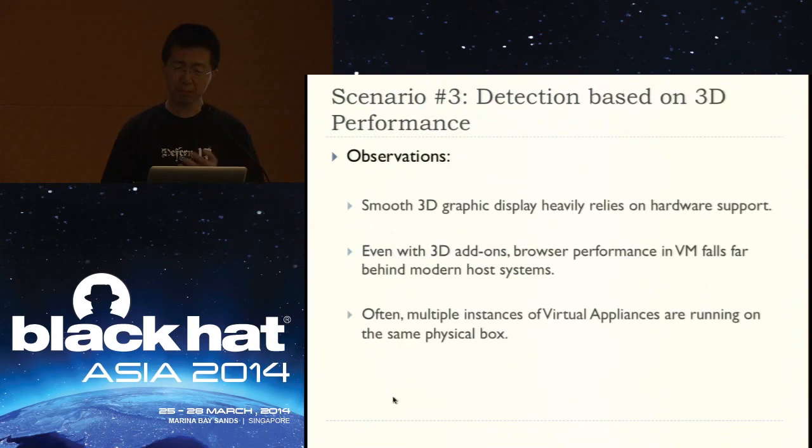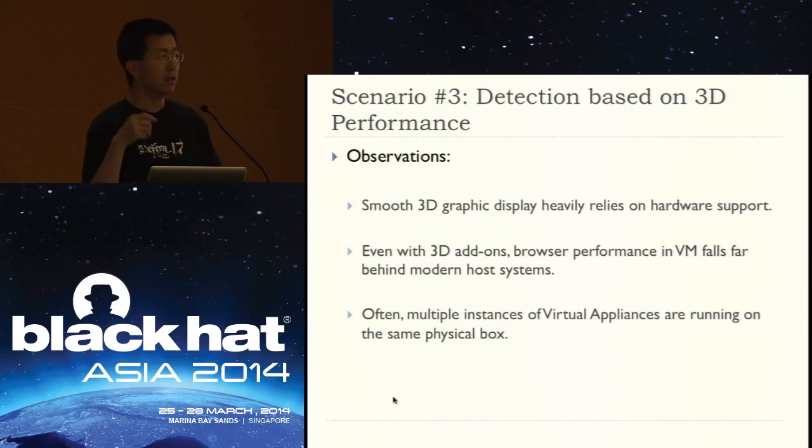Let's move on. The third effort we played with is looking at the performance aspect of the graphic display through the web script. The reason we do this is based on these observations. So first, smooth 3D graphic display still often requires lots of hardware support.